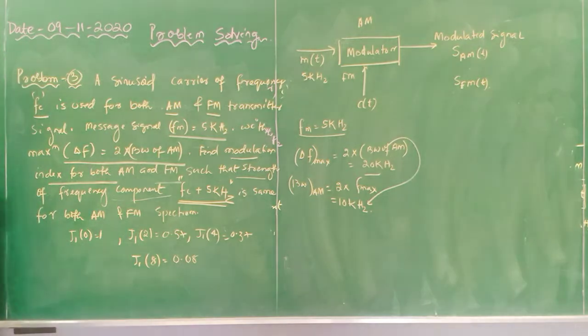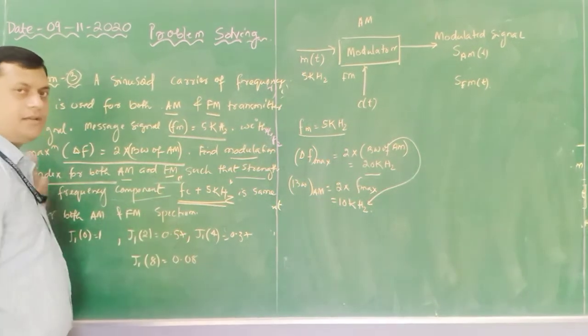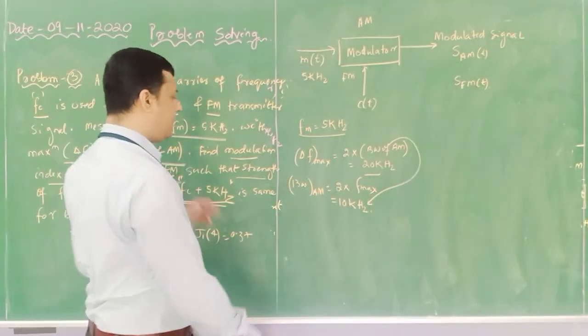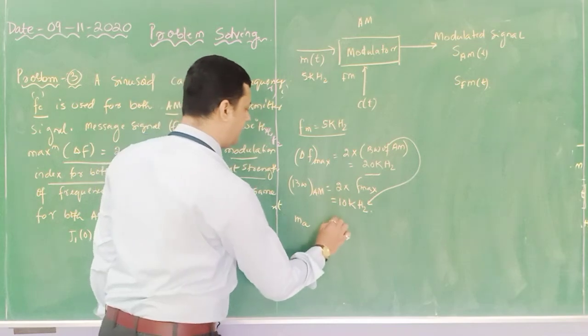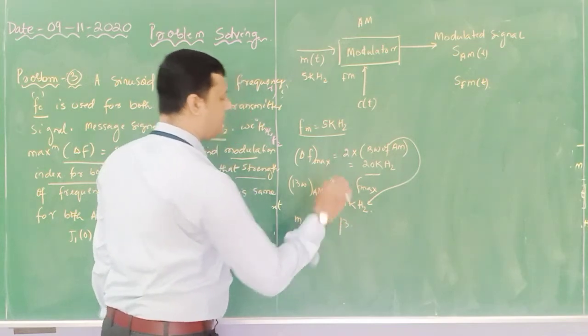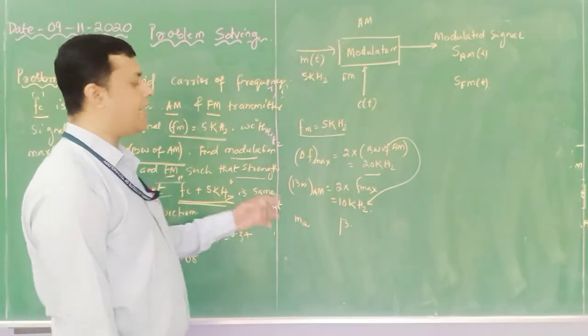Next we have to identify the modulation index for both AM and FM. The modulation index for AM is MA and for FM is beta. Then how to calculate this?